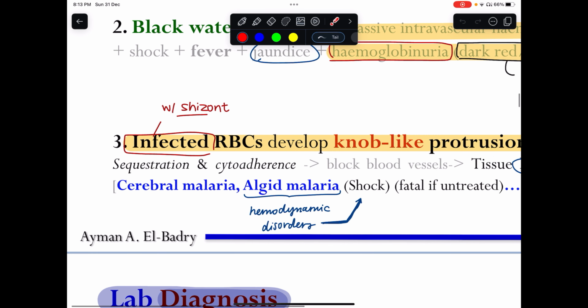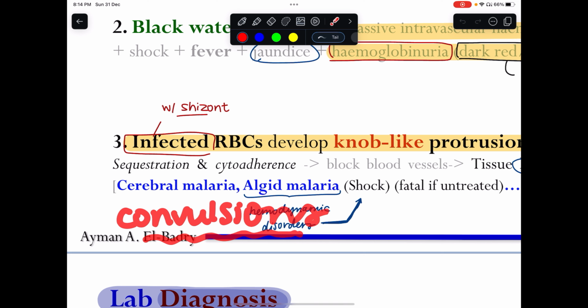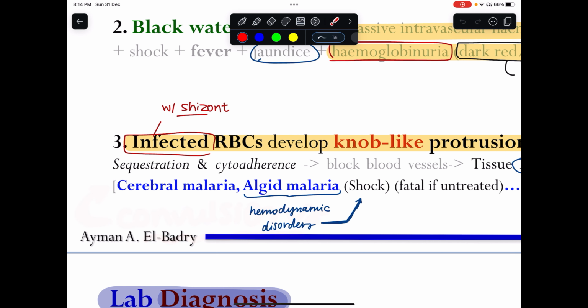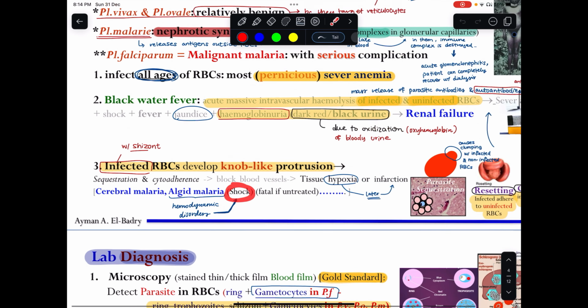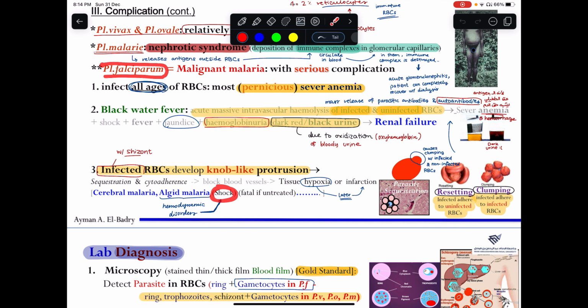Cerebral malaria is going to cause convulsions because of the interrupted blood supply. And algid malaria causes hemodynamic disorders, all of which will lead to shock. Plasmodium falciparum is the malignant one, and if untreated, it's fatal.